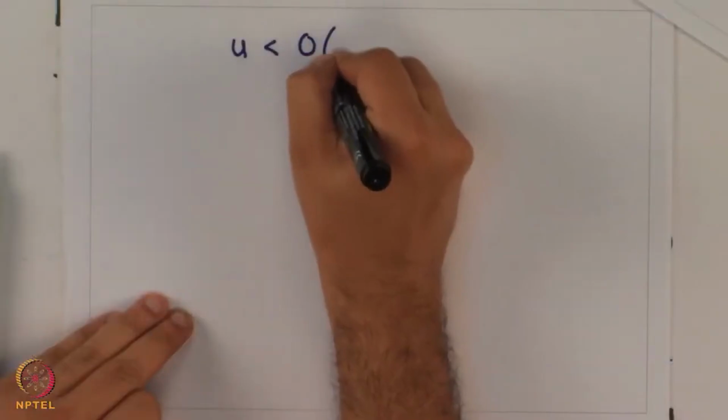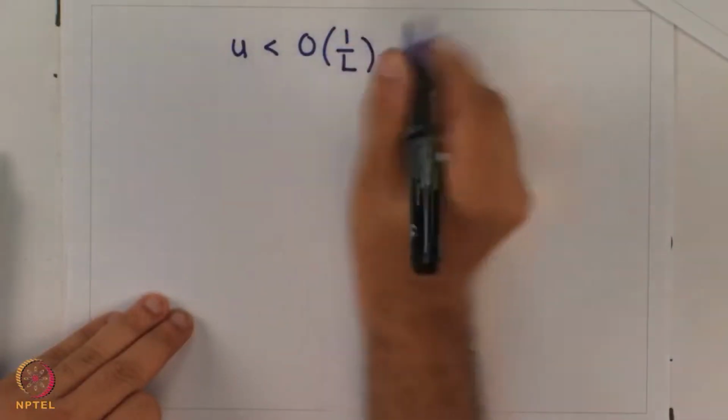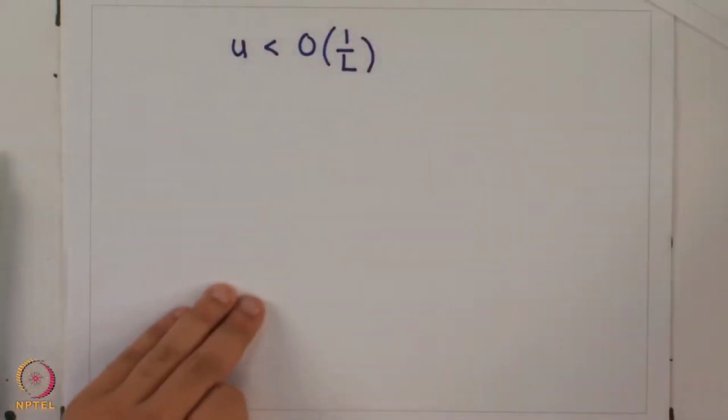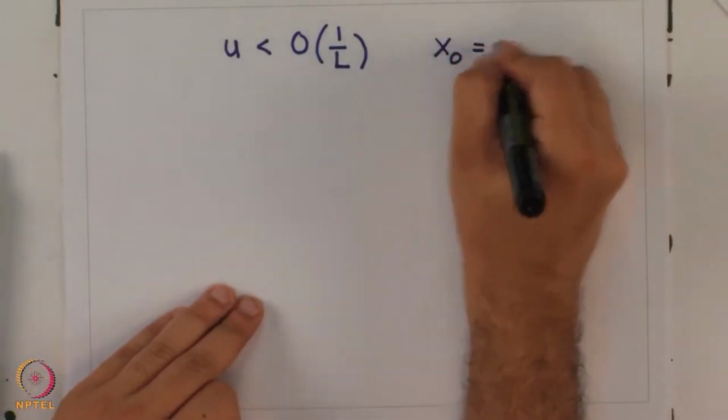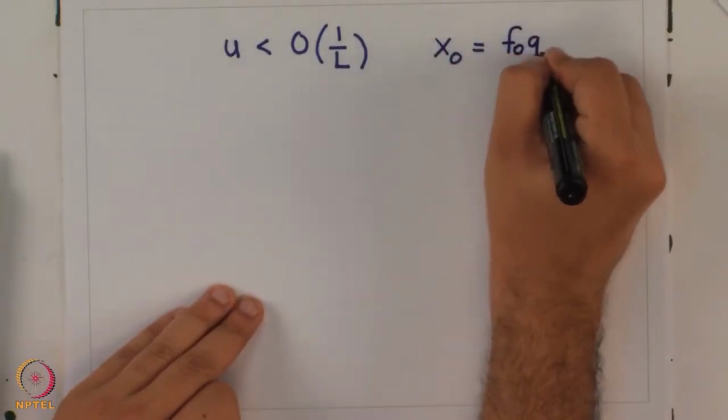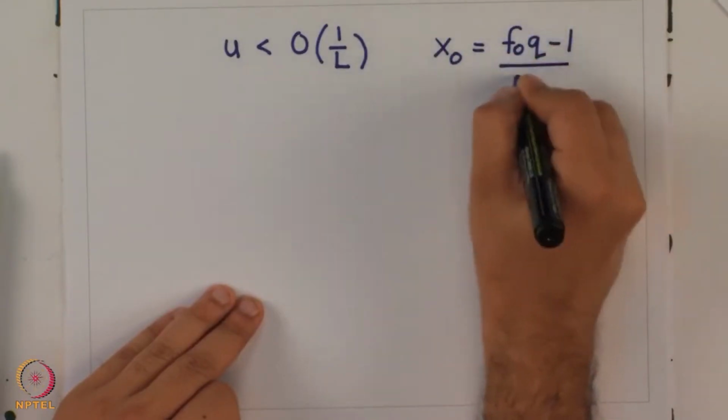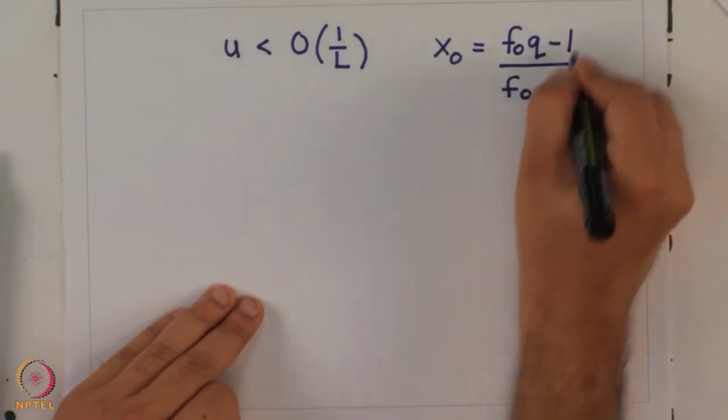On the other hand, if u is less than order of magnitude 1 by L, then we have the result that we just derived, that x naught is equal to f naught q minus 1 divided by f naught minus 1.